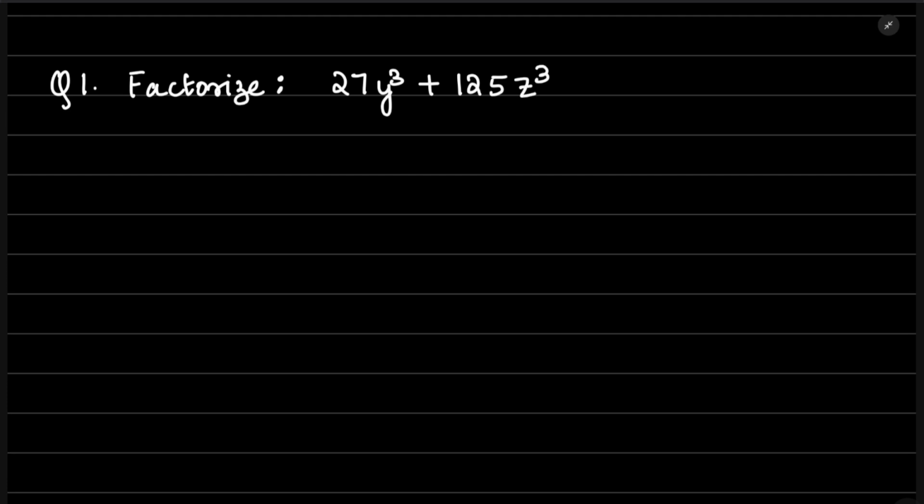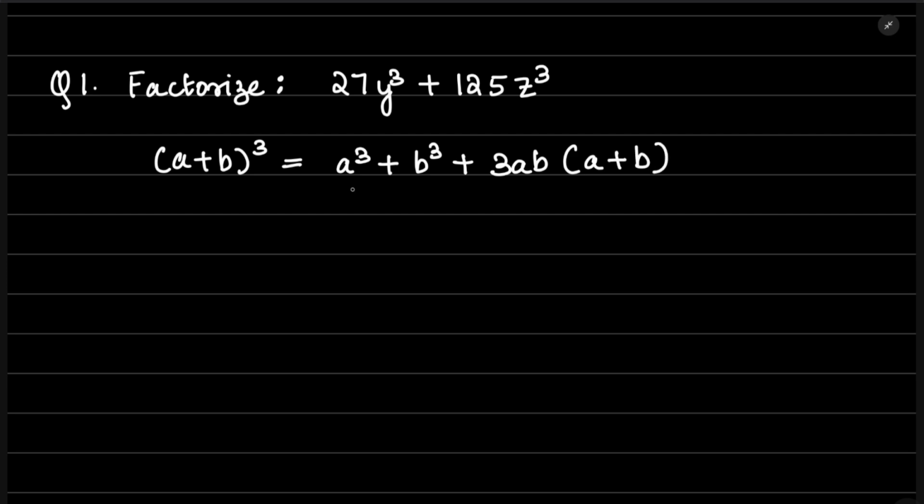The minute you see this question, you should understand that this is of the form a cube plus b cube. We should know the formula for a plus b the whole cube that we discussed earlier. It's nothing but a cube plus b cube plus 3ab into a plus b. From here you will be able to get the formula for a cube plus b cube.